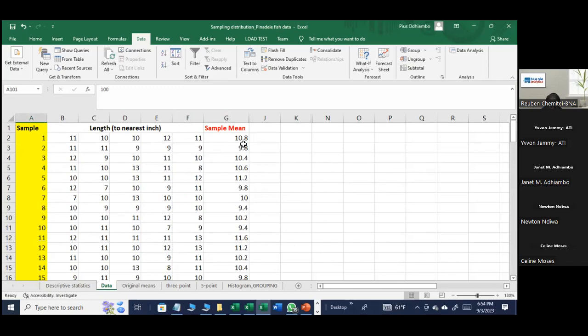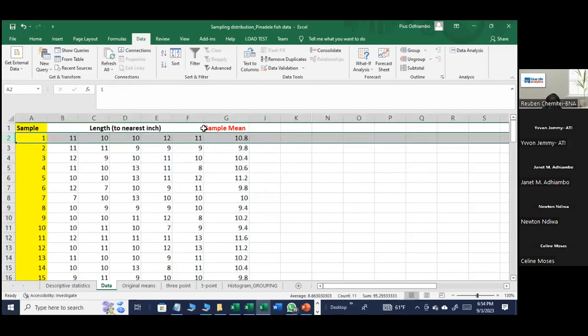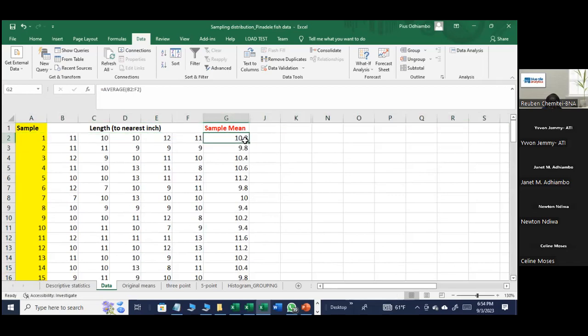Now we want to see, how does this data look like? So this is for one person. This is for one person we pick, then we get the mean. For the second person, we do the same thing, we get the mean. Now we want to summarize this data into a box plot and see what meaning does it convey.